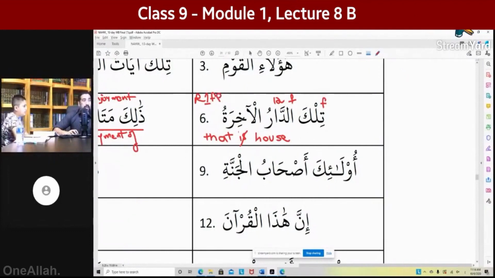Al-akhiratu. Does it match? Let's ask one at a time. Is it also rafa? Yes. Is it also one? Yes. Is it also feminine? Yes, there's a sign of feminine, the ta marbuta. Is it also proper? Yes. That means this is a mawsuf, a noun, and this is an adjective, describing the house.